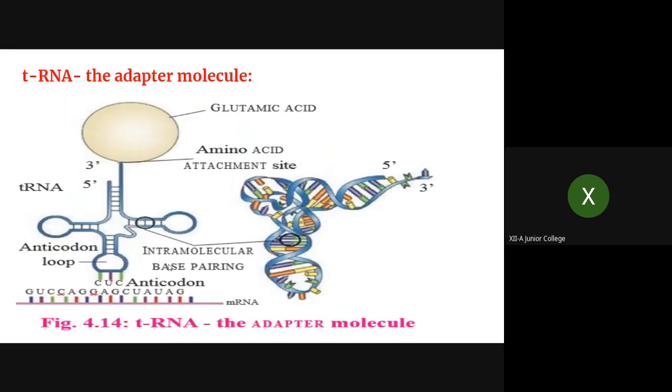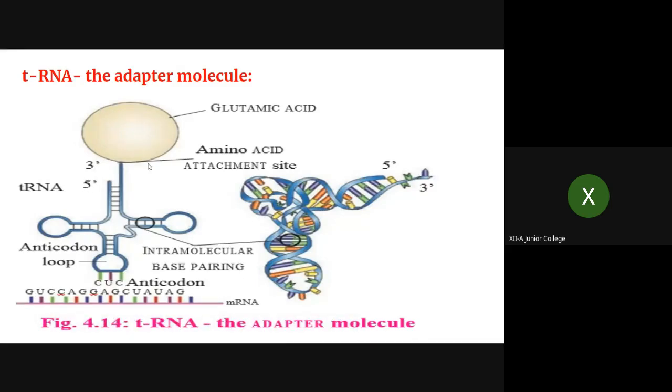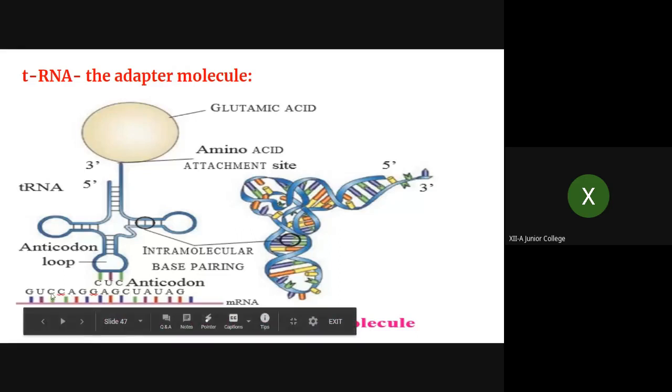Now we'll start with one more structure, this is called tRNA, the adapter molecule. Adapter, why? I'll tell you now. See, this is the short arm which ends with the 5' end. This is the 3' end which carries or accepts the amino acid required for protein synthesis. This is the structure I'm showing you.